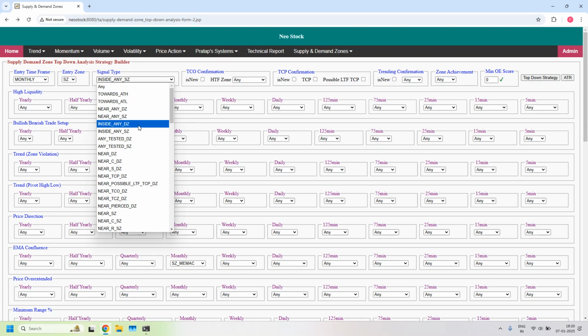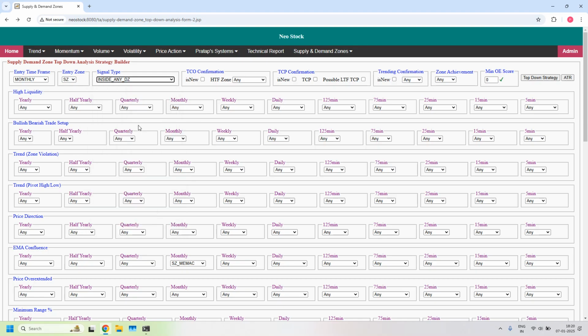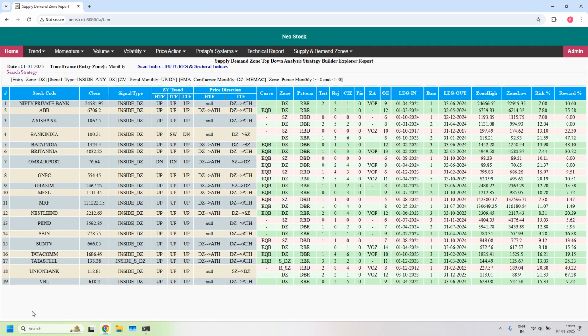Price closed inside monthly demand zones, and these monthly demand zones are having monthly EMA Confluence, and the trend on monthly time frame should not be sideways, it can be up or down, and the filter should be applied to monthly demand zones. So we got 19 stocks.